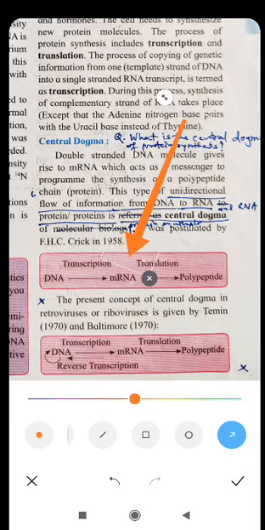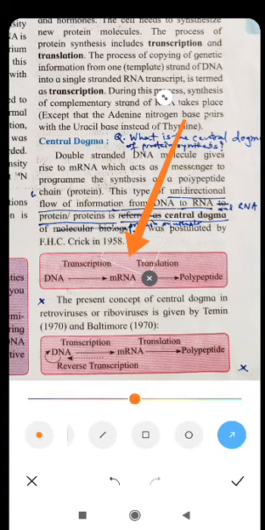RNA polymerase 1 is required for producing rRNA from DNA. RNA polymerase 2 is required for mRNA production. And this is important as far as protein synthesis is concerned, because DNA produces mRNA and mRNA produces protein. The enzyme required for producing mRNA is RNA polymerase 2, and RNA polymerase 3 is required for producing the tRNA from DNA.